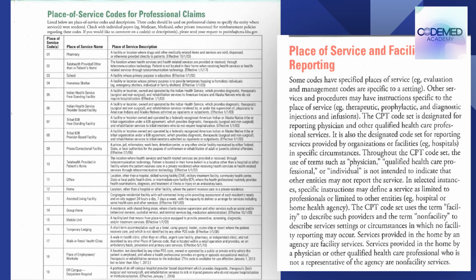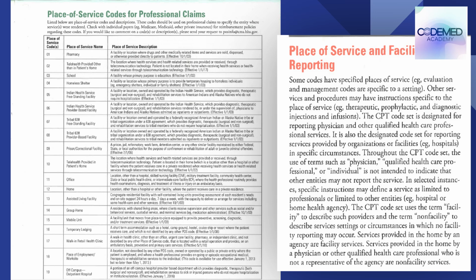The place of service code for the professional claim. Listed below are the place of service codes and their descriptions. This code should be used on a professional claim to specify the entity where the service was rendered, and these place of service codes are important because nowadays in the CPC exam they do ask the place of service code.